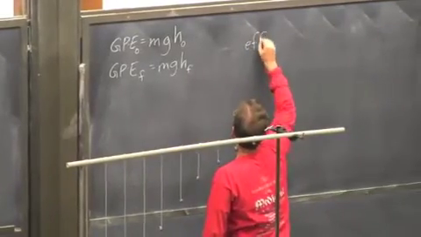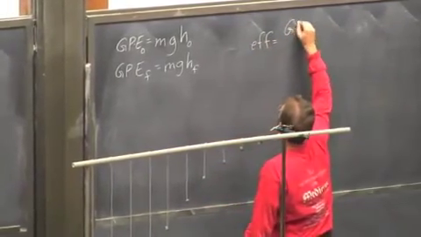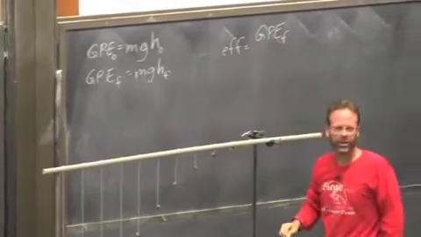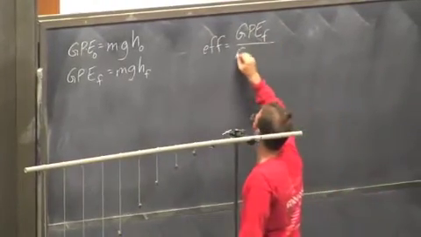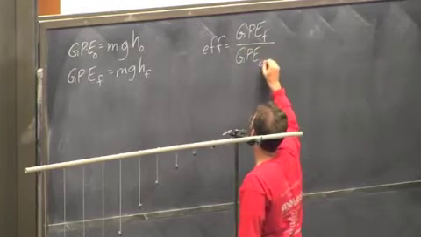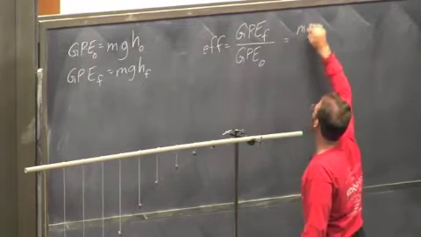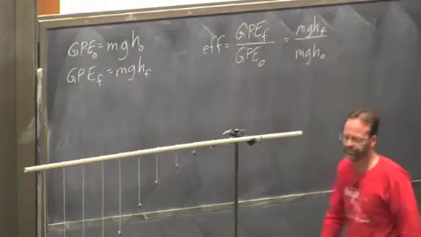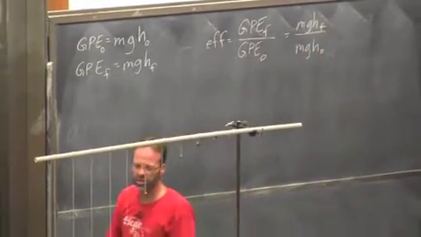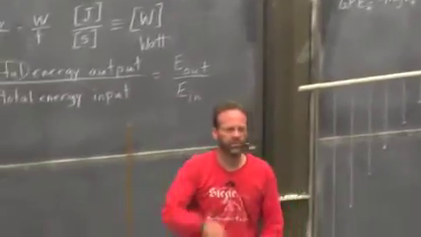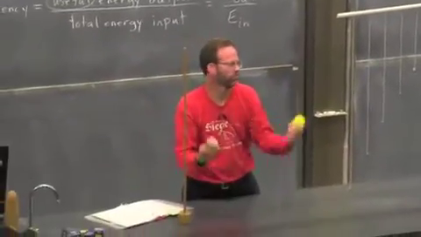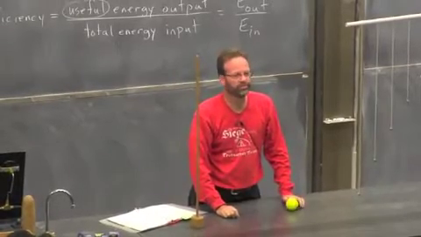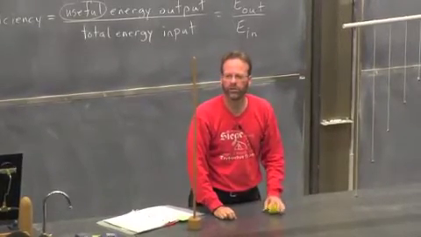So the efficiency is just the energy out, the final, what we ended up with, versus what we put in. So mgh of the final height over mgh of the initial height. You can see in that case, it's just the ratio of the heights that you guys just told me. It's nothing too complicated about efficiency. But there's a few examples for you. Questions?